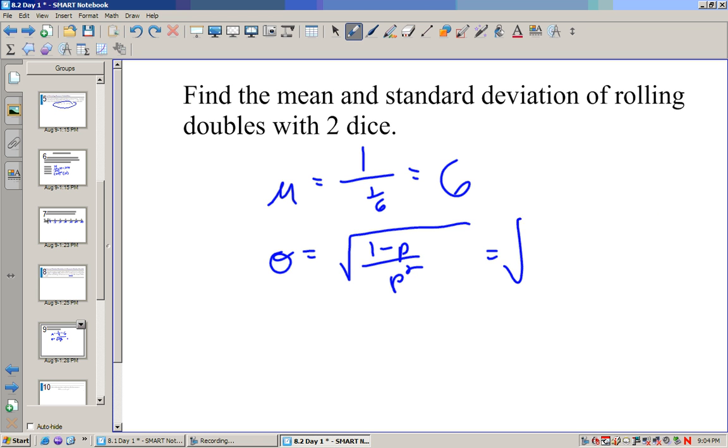So that's the square root of 5/6 over the probability squared, which is 1/6 squared. So we can just take 5/6, divide that by 1/6 squared, and then take the square root of that to get our standard deviation of 5.477.